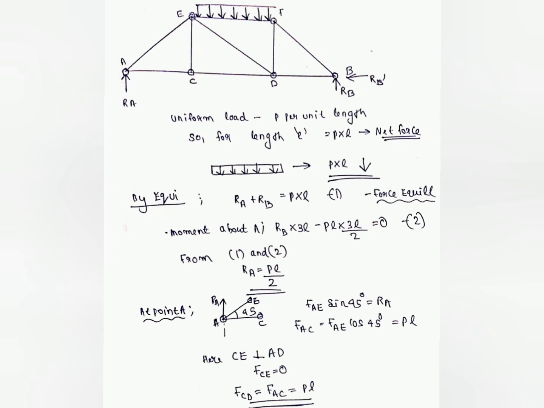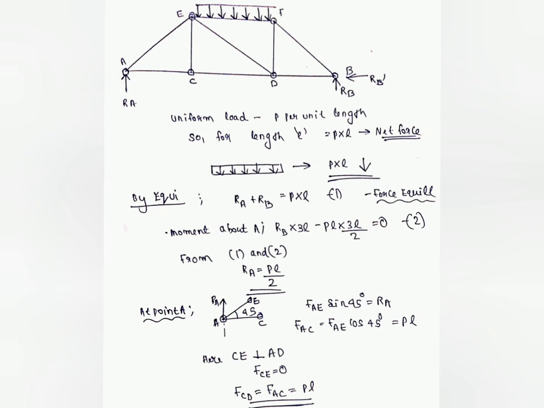That's why that distance from A is 3L by 2, because our uniform load is acting exactly at the center. So RB into 3L minus PL into 3L by 2, because that's the opposite direction to the moment due to RB, equals 0. Moment about A is 0. From these two equations 1 and 2, I get RA as PL by 2.